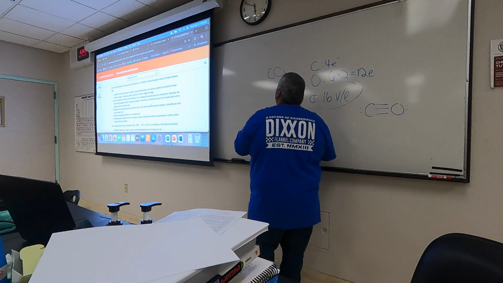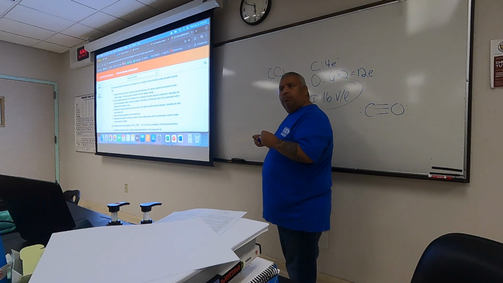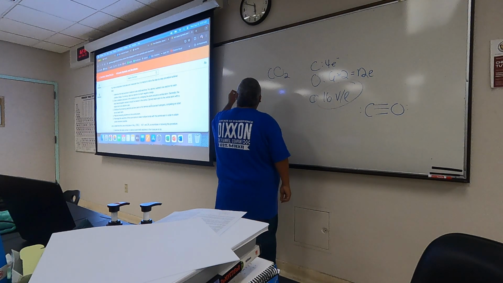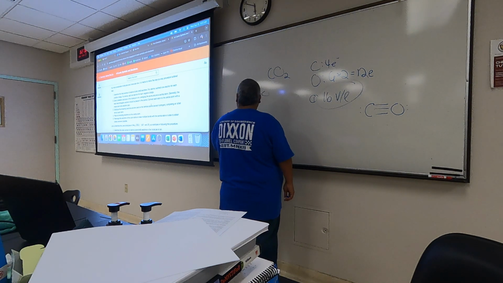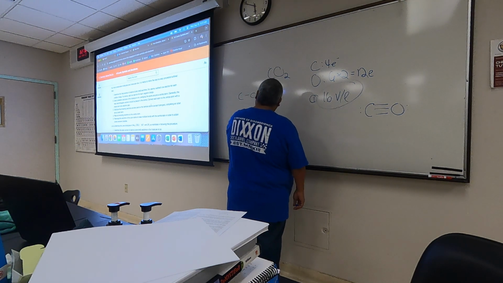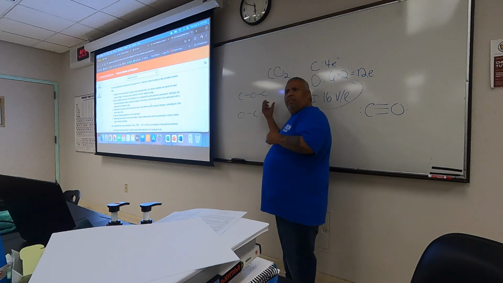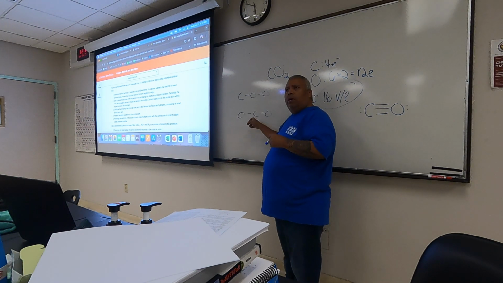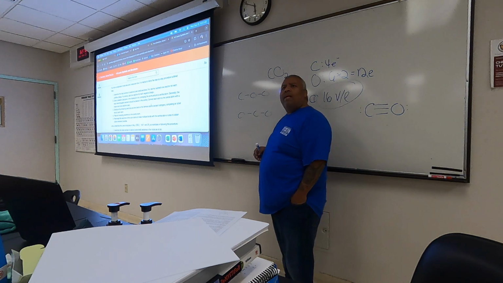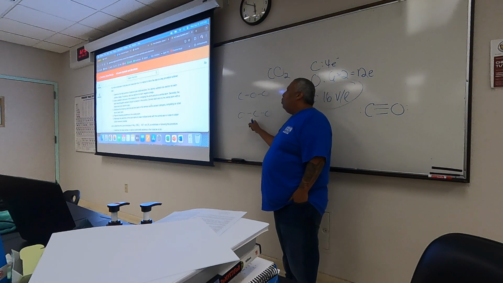The next step is we're just going to build a bare bones structure of CO2. So we can do this, or we can do this, but only one of these is correct. The way that we determine which element goes in the middle is the one that's the least electronegative.